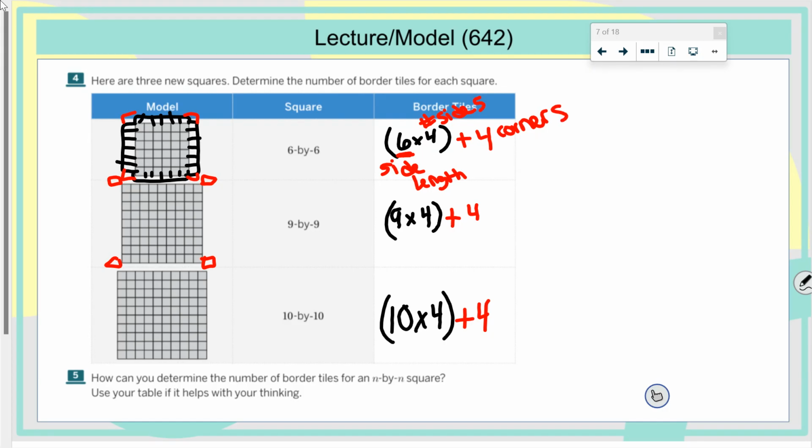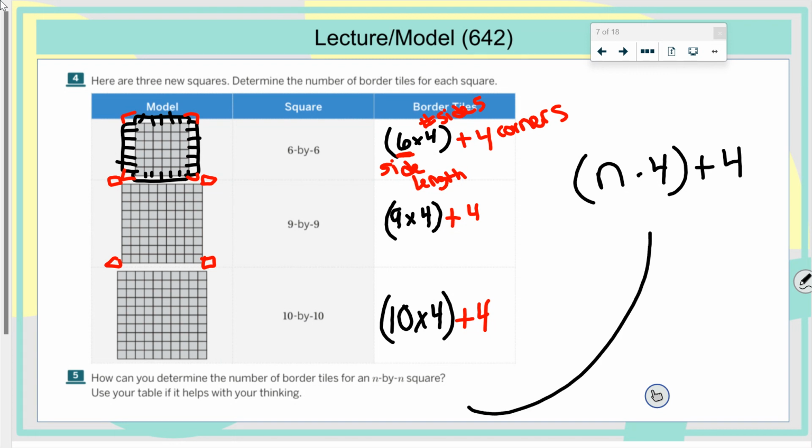If n is the side length, we're going to use n times 4 sides, and then we're going to add 4 for the corners. So that would work for any side length n. If it was a 12 by 12, we would say 12 times 4 is 48, plus the 4 extras for the corners would be 52, and so on. Any side length times the 4 sides, add in the corners.